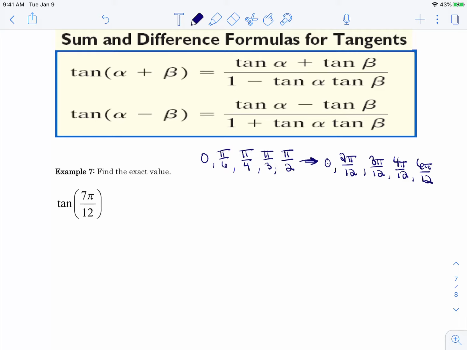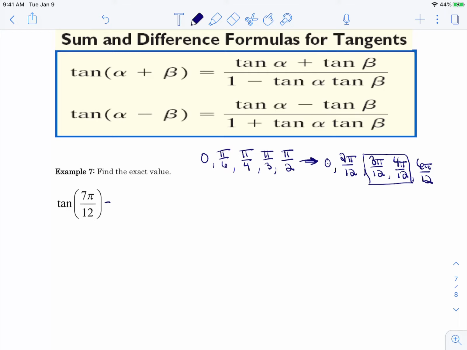So once again, we're looking for two values that will add up to 7 pi over 12 or subtract. You can do that if you'd like as well, and you can use different values in different quadrants. This just makes your life a little bit easier if you just focus on the first. So it looks like if I add these two together, I'll get 7 pi over 12, right?